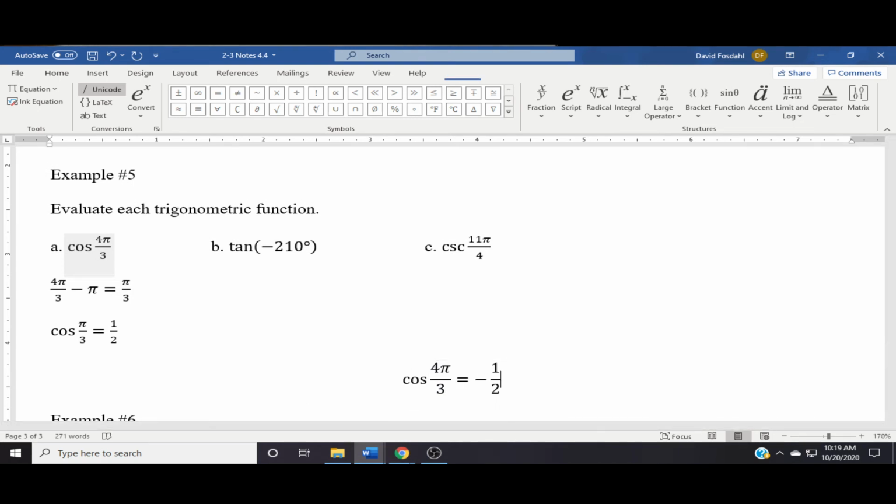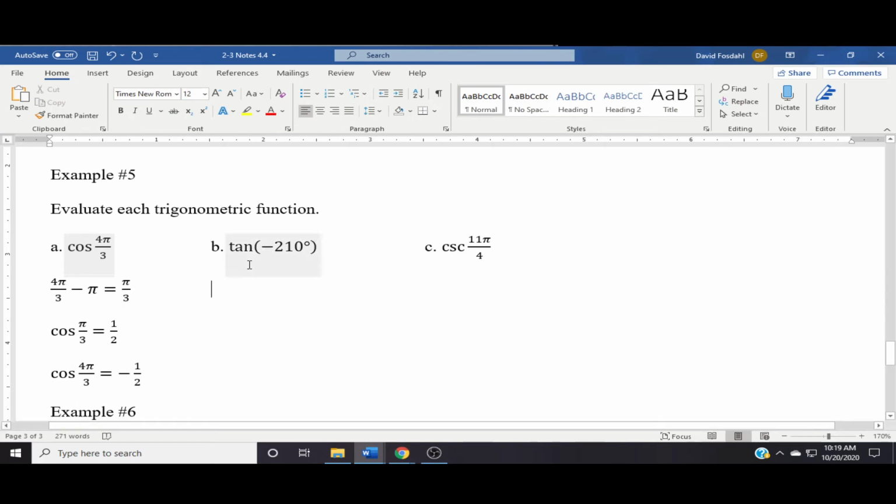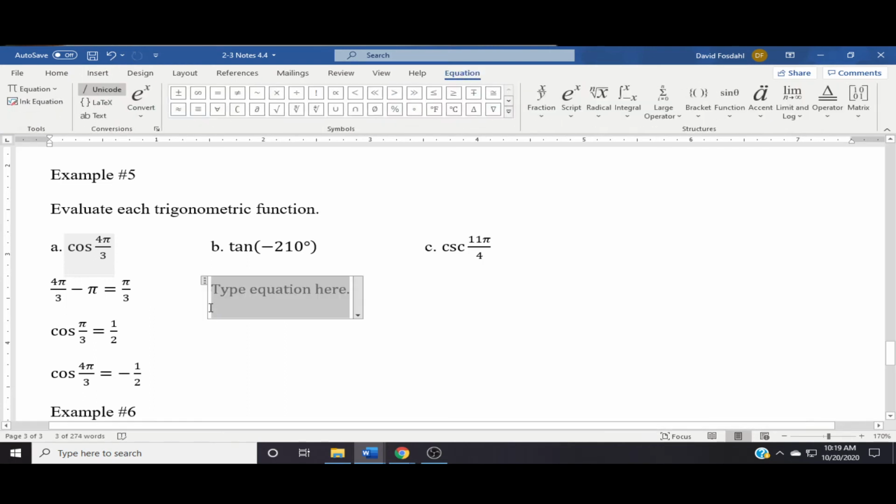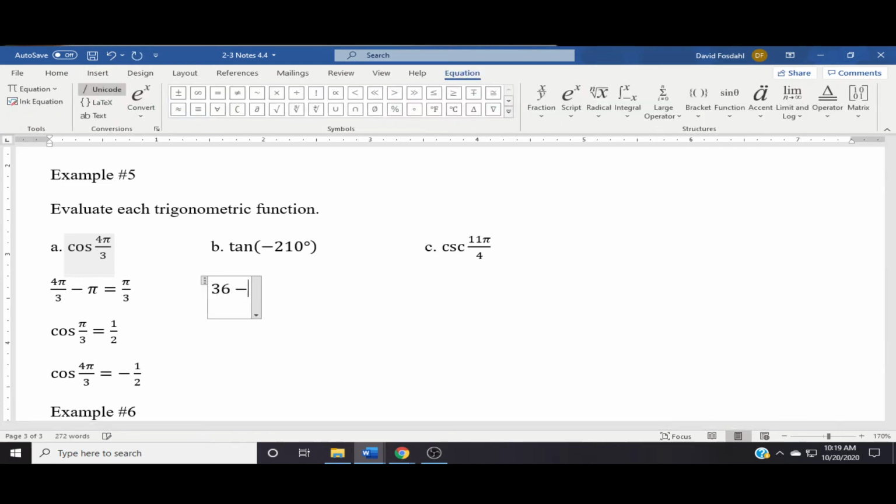Okay? So same thing for these. Remember, negative, you're just going to move the angle. So you need to find its coterminal. So to find its coterminal, you're going to add 360 degrees minus 210.